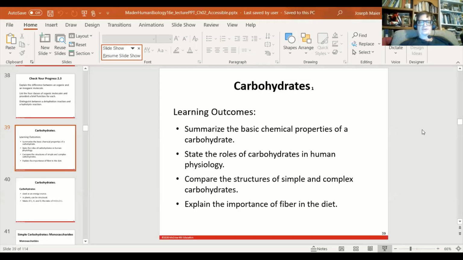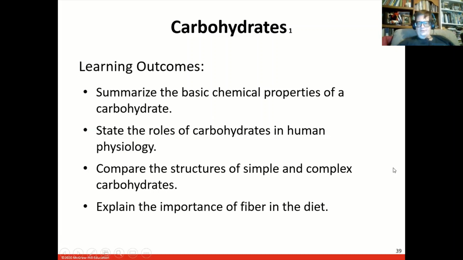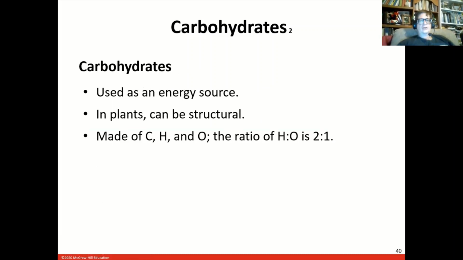Okay, let's jump into carbohydrates here. So carbohydrates are mostly carbon, hydrogen, and oxygen. You have twice as much hydrogen as you do oxygen.